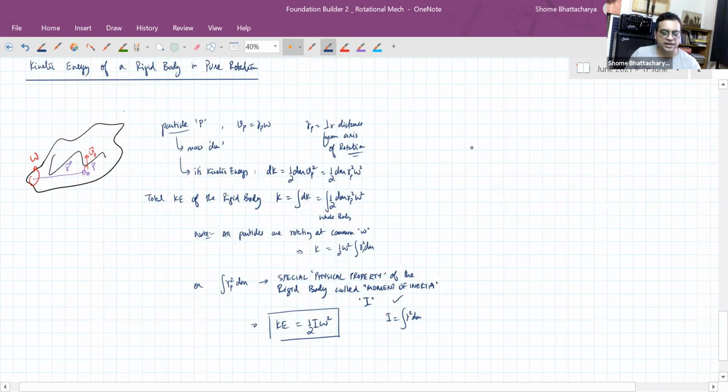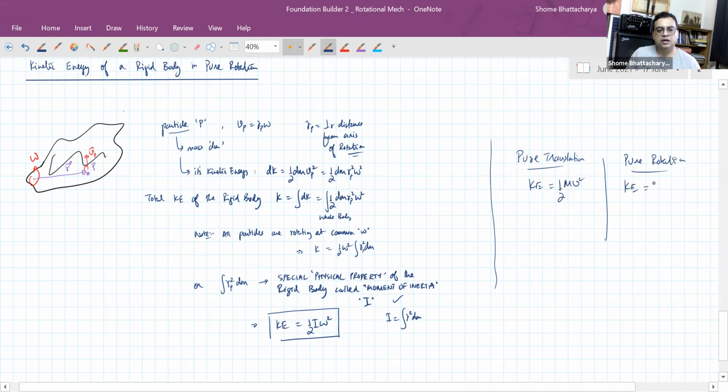So you'll also see that side by side, if we talk about pure translation, then the kinetic energy of the rigid body is defined as half mv square. Similarly, if we talk about pure rotation, then the kinetic energy is defined as half I omega square.